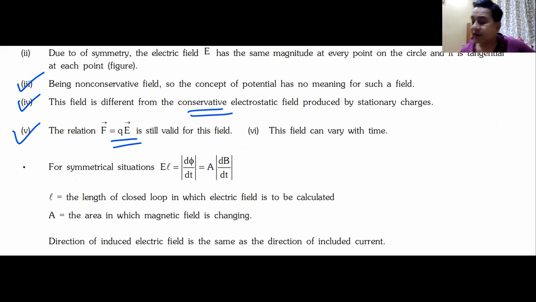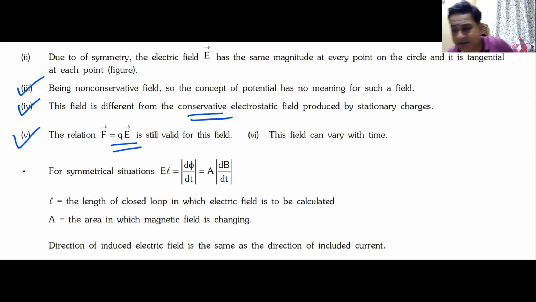Okay. Now, whenever you get a question of such nature where magnetic field is changing with time, you will always find that this magnetic field will change in a cylindrical space. Please note this. Whenever you have a question of changing magnetic field with time, 99.9% cases, that question would be framed in a cylindrical space or inside a solenoid where this magnetic field will change with time.